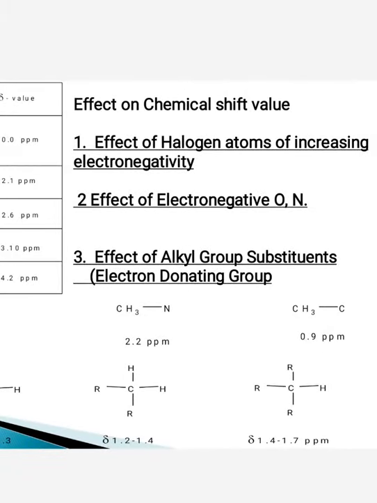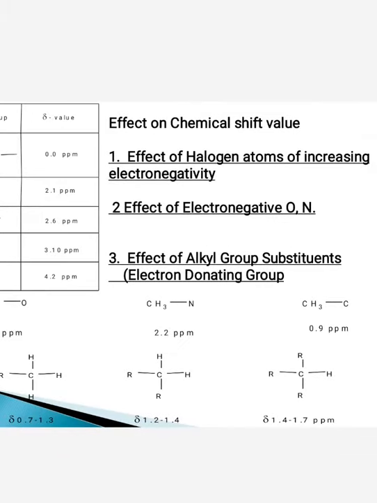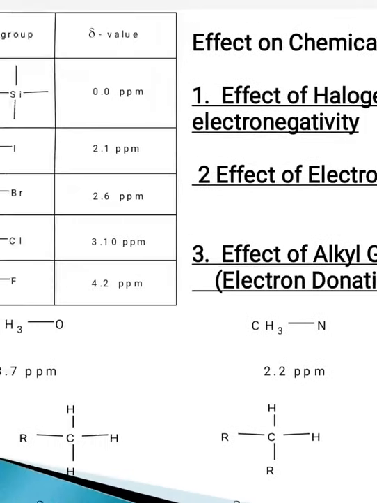And the third effect, that is the effect of alkyl group substituents or electron donating groups on the value of chemical shift. When a set of protons is attached to one alkyl group, its chemical shift value ranges from 0.7 to 1.3.